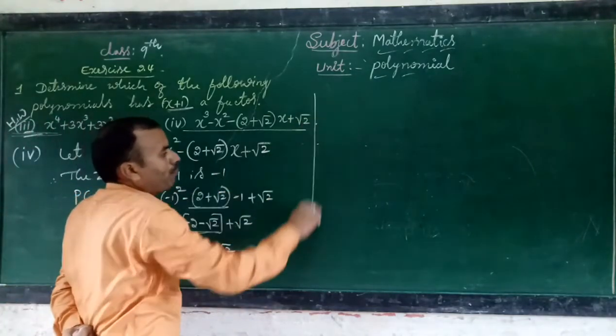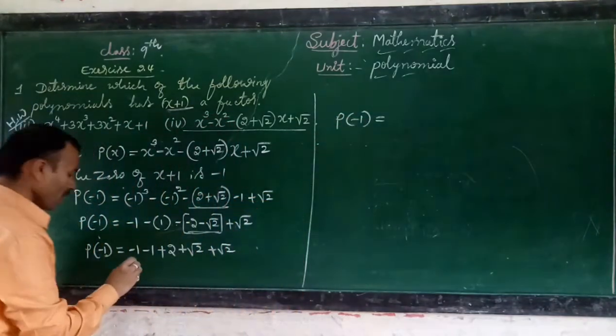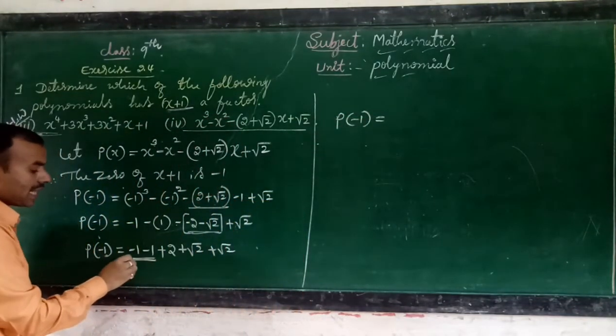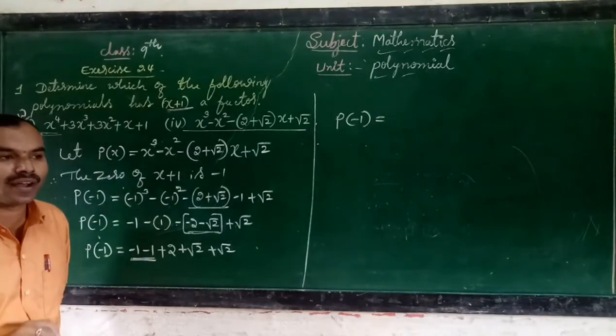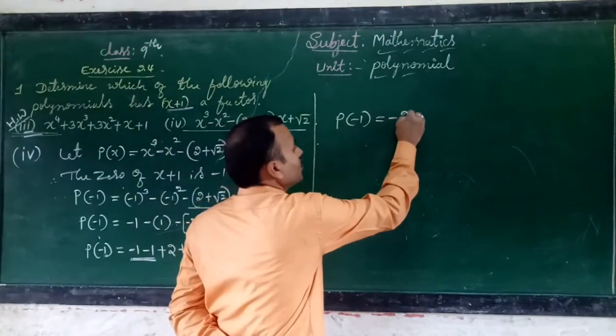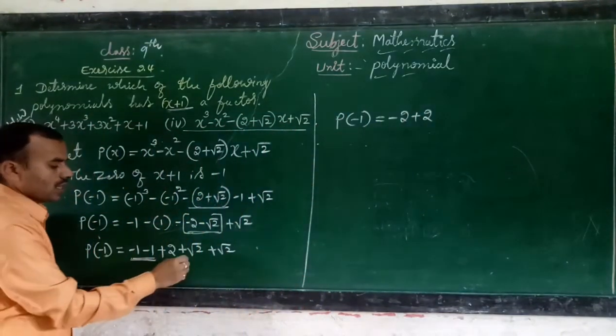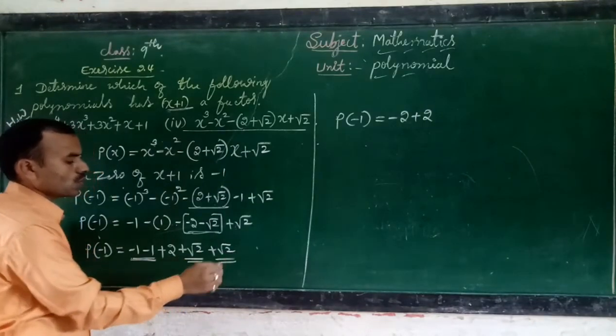Now P of minus 1 is equal to minus 1, like sign terms should be added. So minus 1 and minus 1, it is minus 2, and plus 2 is there. I write plus 2. Here plus root 2 plus root 2.